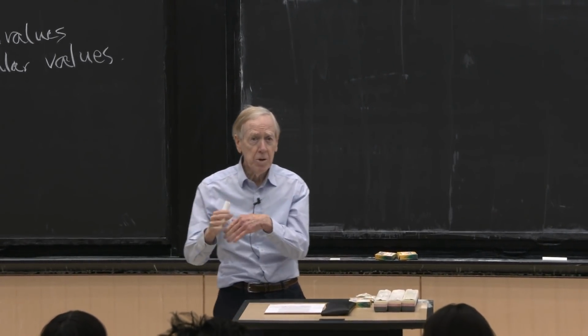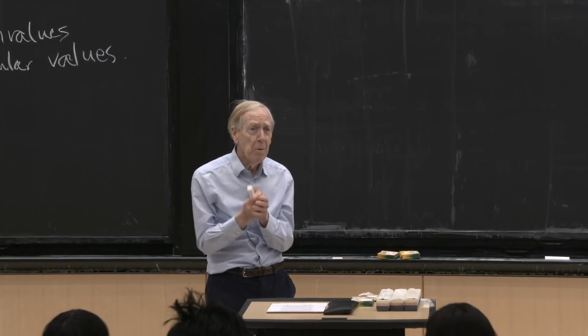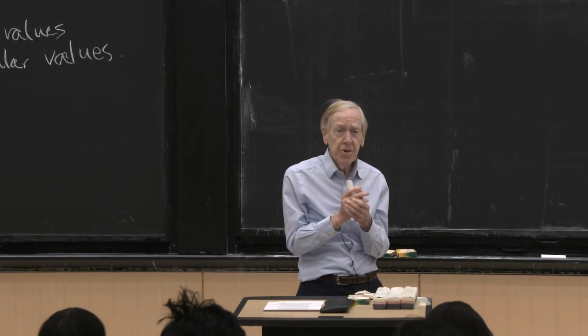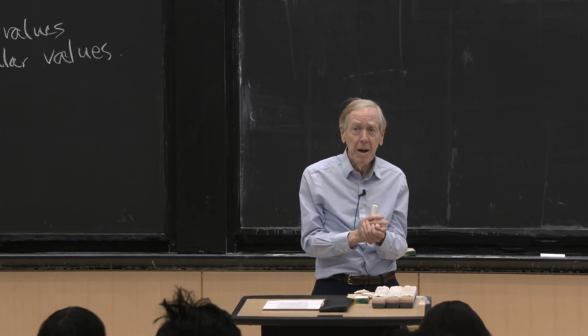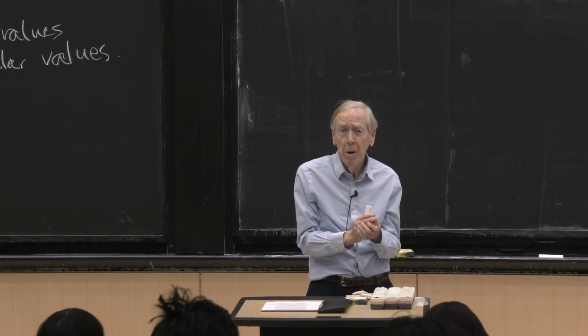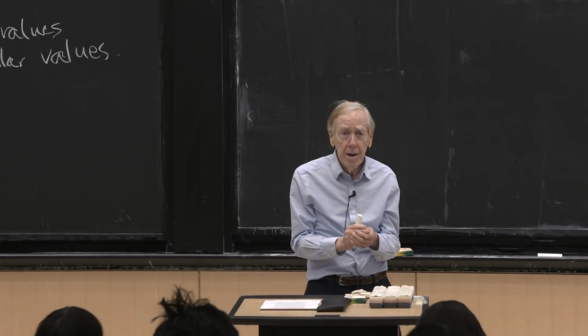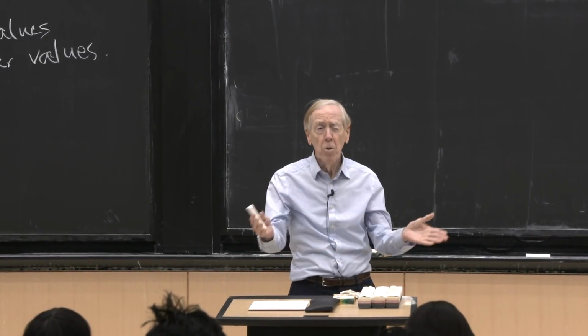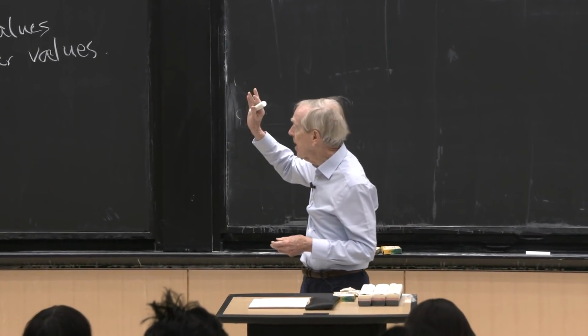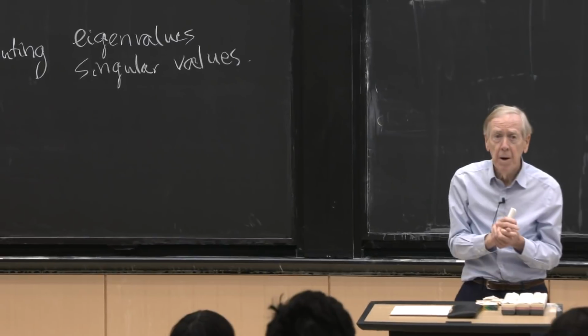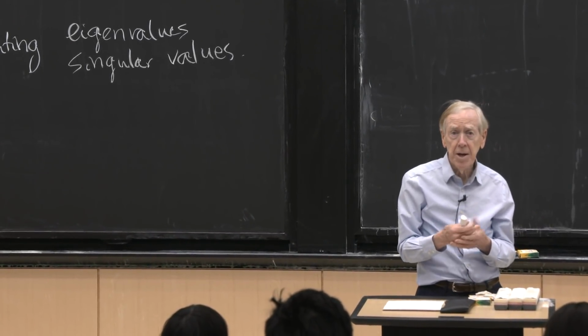My lectures, of course, are, well, what I want to say perhaps is this isn't intended to be a course in numerical linear algebra. But I thought I couldn't let the whole semester go by without saying something about how to compute eigenvalues and singular values.